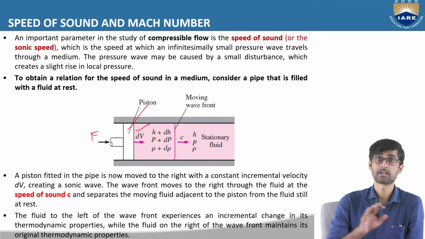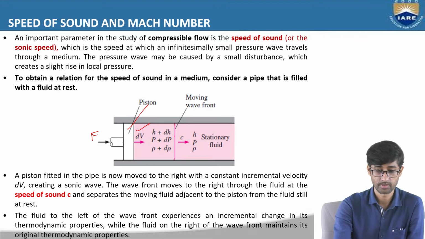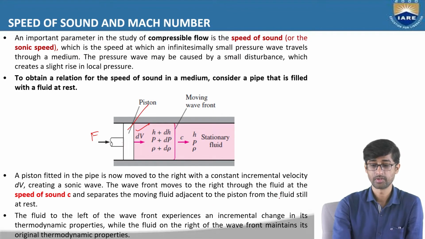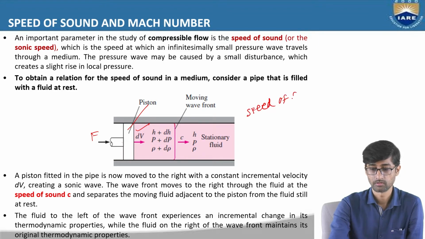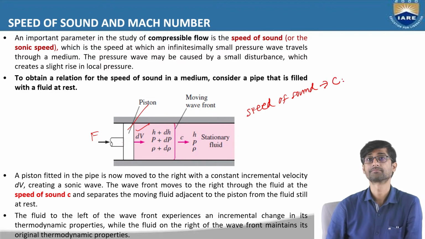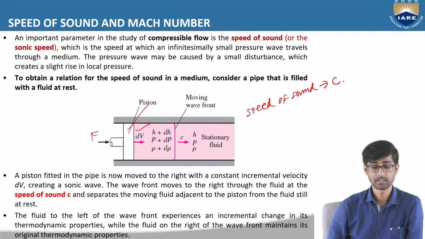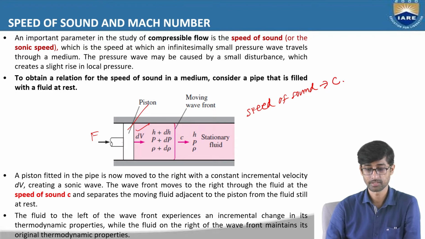When the piston moves to the right, it will create a sonic wave, right? And this wave front moves to the right through the fluid at the speed of sound. Let's say the speed of sound is called c. The wave front separates the moving fluid adjacent to the piston from the fluid still at rest.